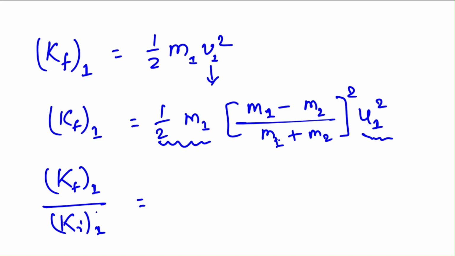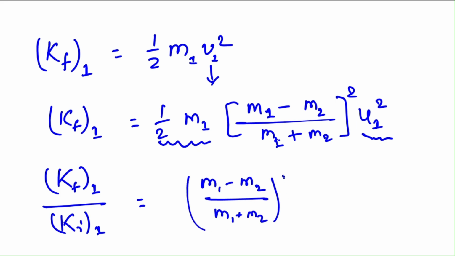So this ratio will be m1 minus m2 divided by m1 plus m2 whole square, and then m1, that is mass of neutron.